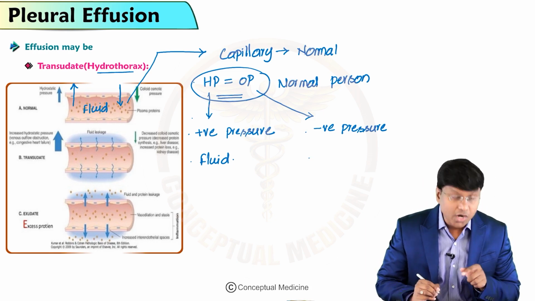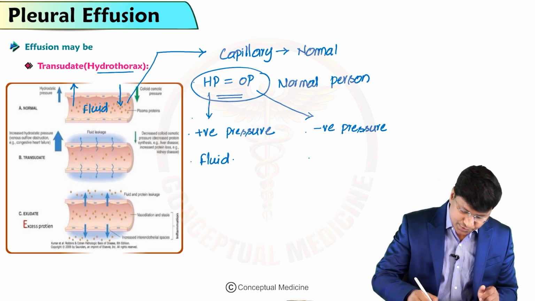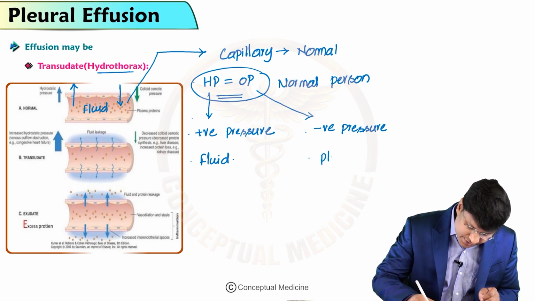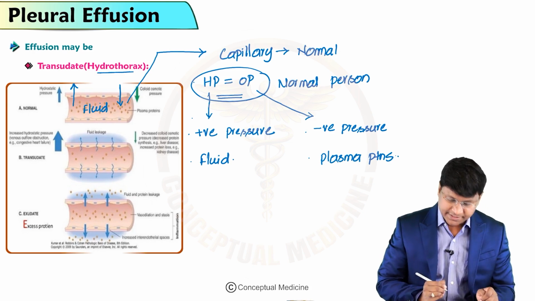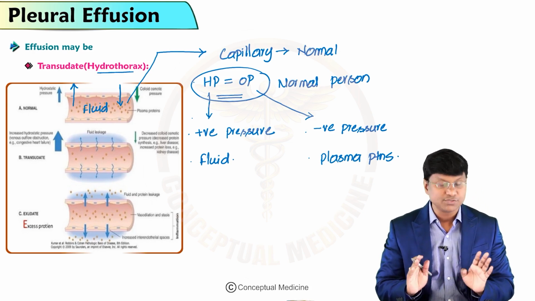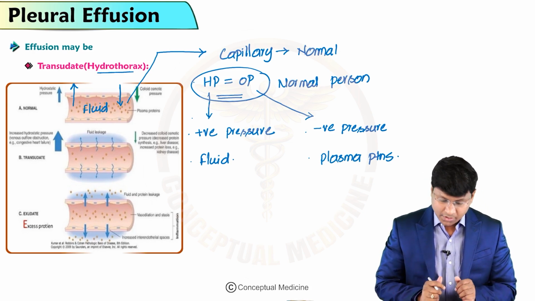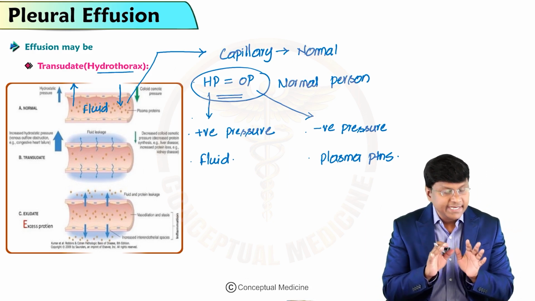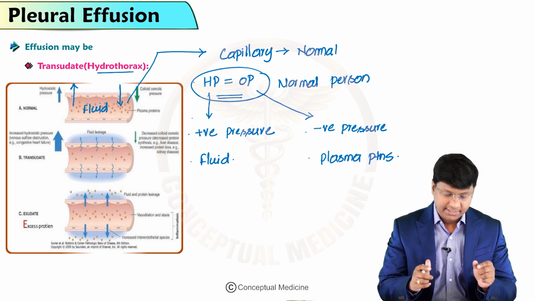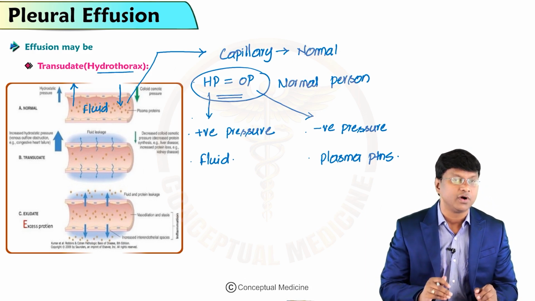Whereas oncotic pressure is due to the presence of the plasma proteins. That is your oncotic pressure. Oncotic pressure will pull the fluid in. And in a normal person, in a vessel, the hydrostatic pressure will be equal to that of oncotic pressure.